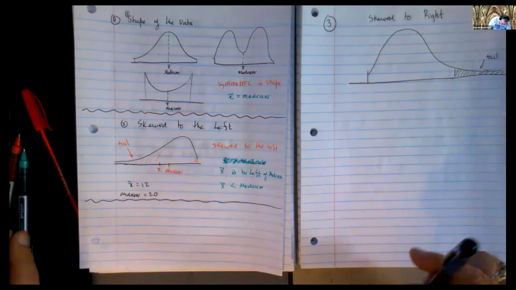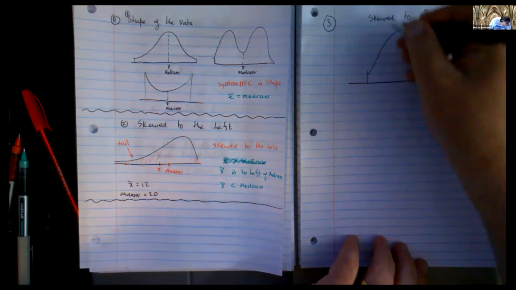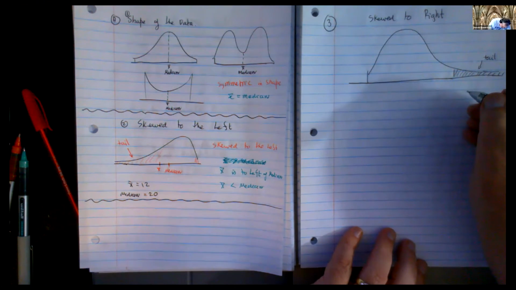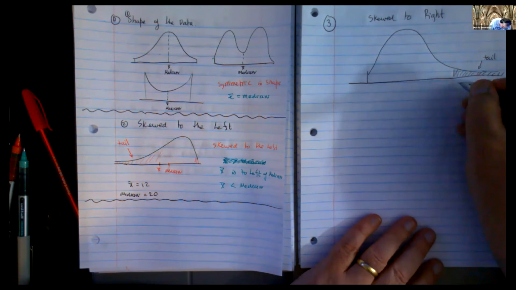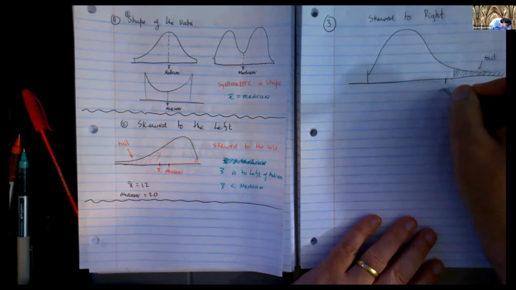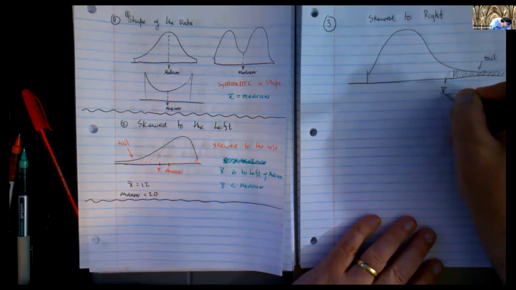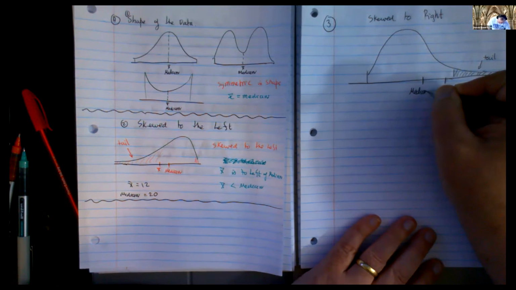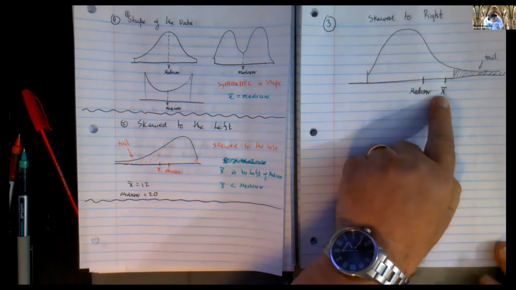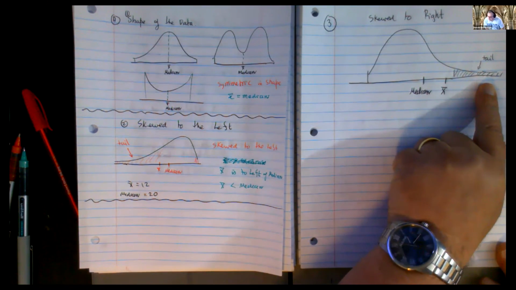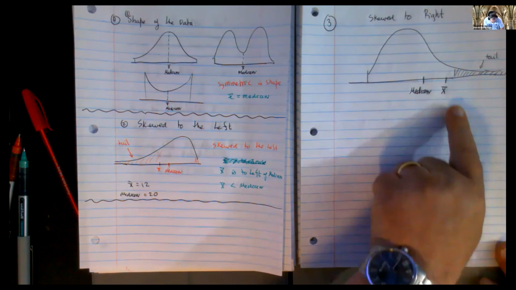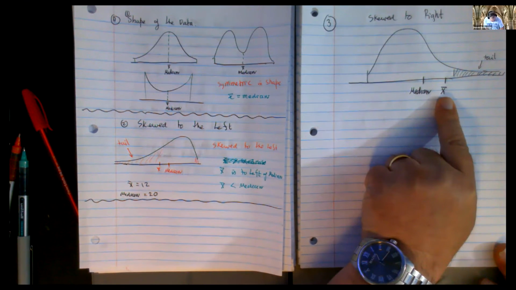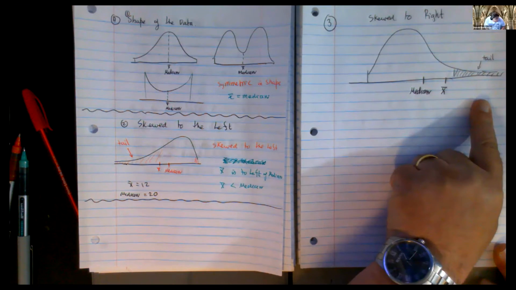When you have data that's skewed to the right, if you calculate the mean, it's probably going to be about here, and you calculate the median, it's going to be about here. Do you see that the mean is always closer to the tail? So I basically look at where the mean is, and that helps me decide if it's left, right, or symmetric.